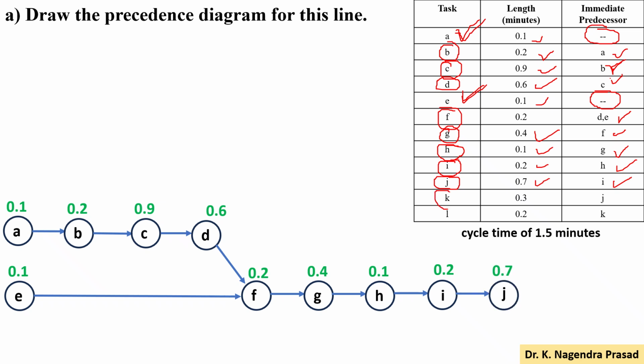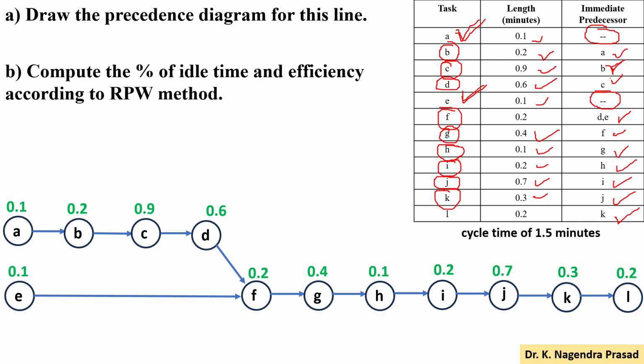Next one is K. It will start after J and its time is 0.3 minutes. And the last one is L. It will start after K and its time is 0.2 minutes. So this is the precedence diagram for the given line.